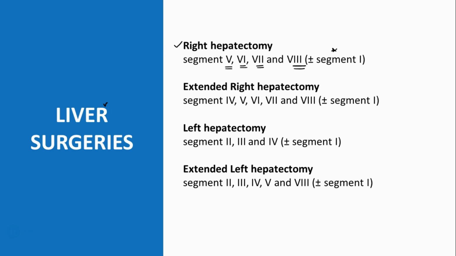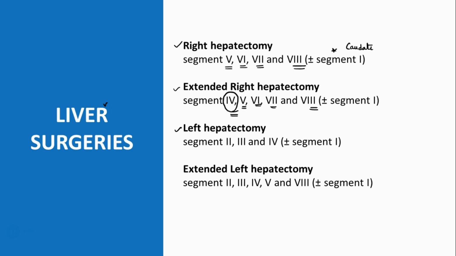Segment 1 is the caudate lobe, which is the most posterior part. This is included either in right or left depending upon the priority and surgeon's choice. When it comes to extended right hepatectomy, along with 5, 6, 7 and 8, segment 4 is also involved.